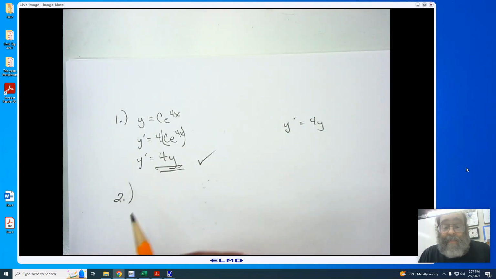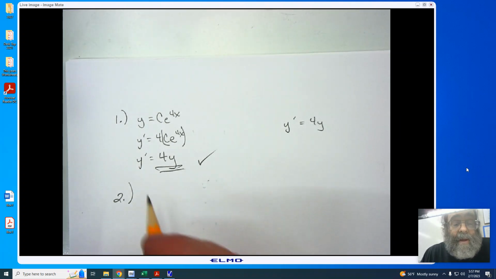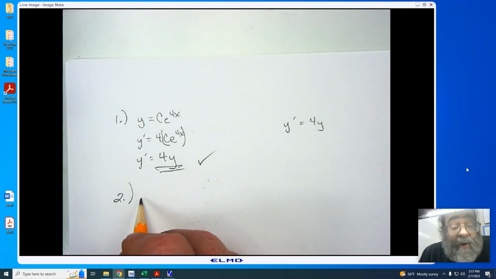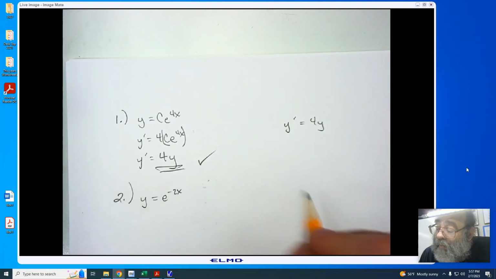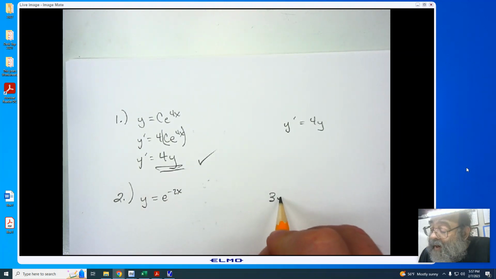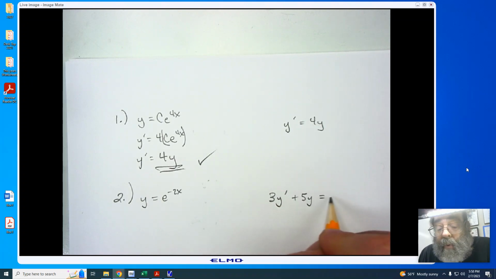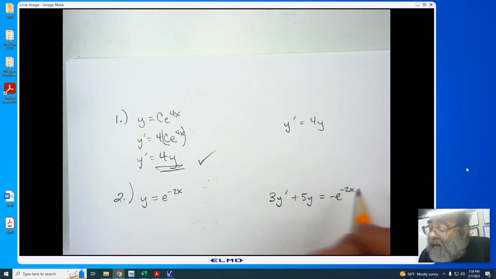See, it's all about manipulation and algebra. That's what they're trying to get you to do. So y equals e to the negative 2x, and we're trying to show that 3 times y prime plus 5 times y will equal negative e to the negative 2x.